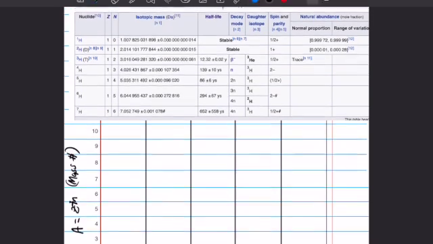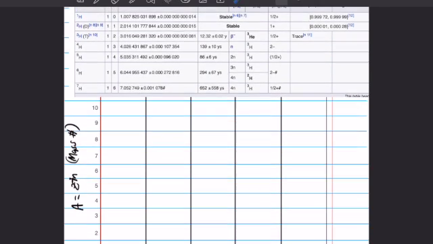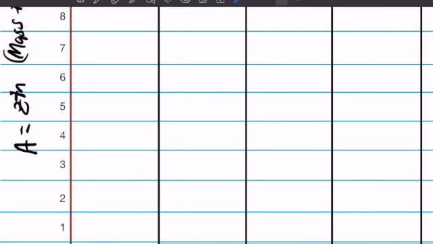So we have 7 different nuclides of hydrogen, H1 through 7. So I am going to list those to start. H1, H2, H3, H4, H5, H6, H7.